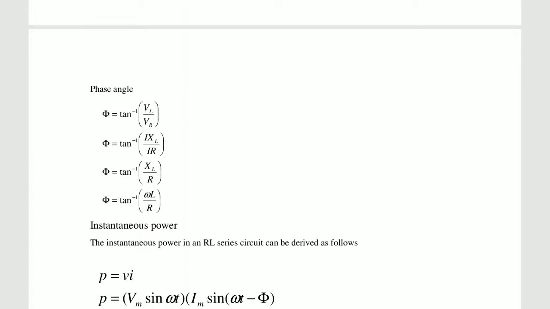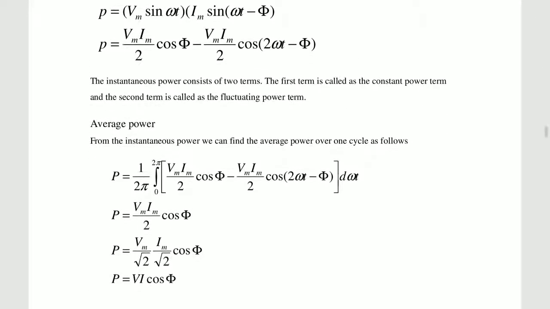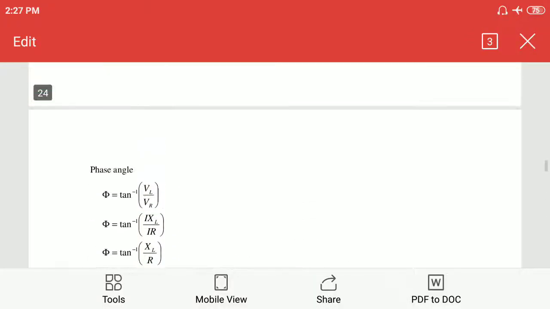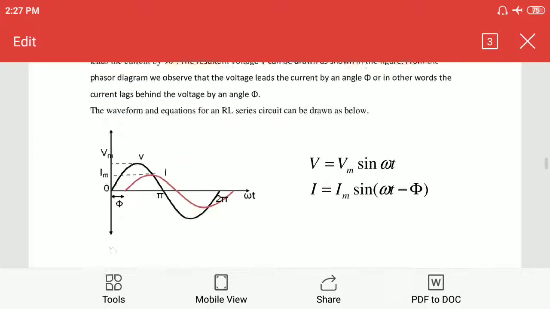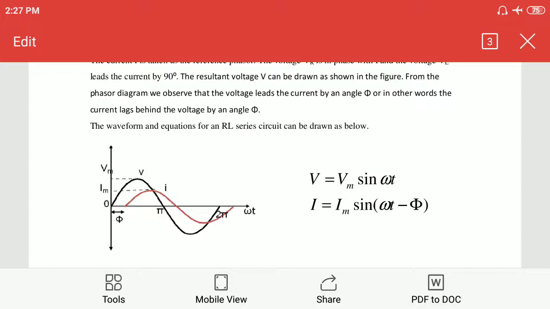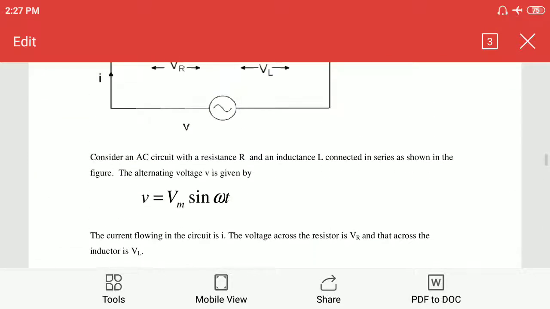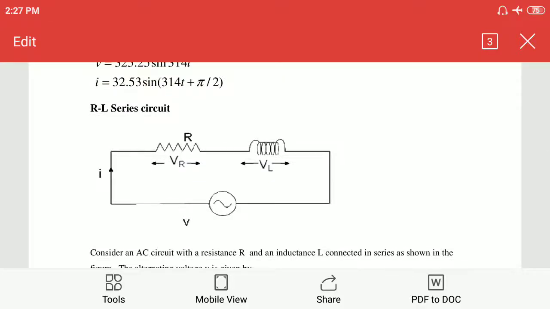Then what about the voltage across the inductor, the voltage across the capacitor, the total voltage, how much current is flowing, and what are the power equations, power factor and phase angle? How we can determine these from the RL and RC circuits, we can see in further classes.